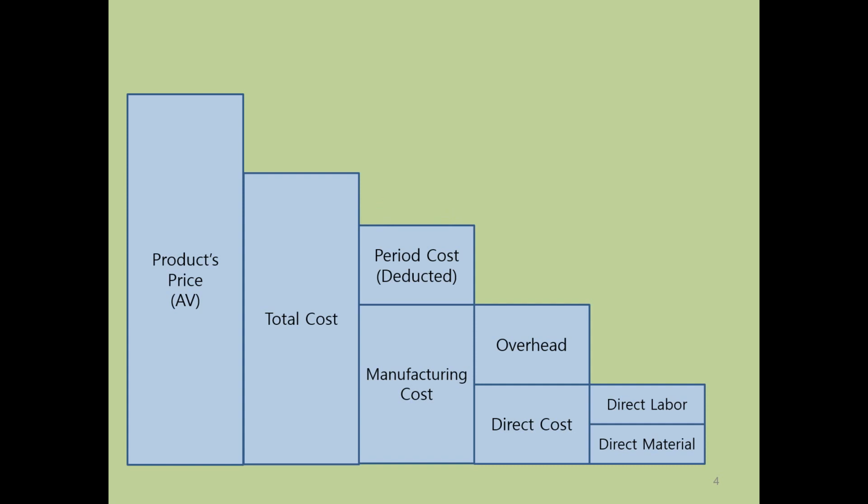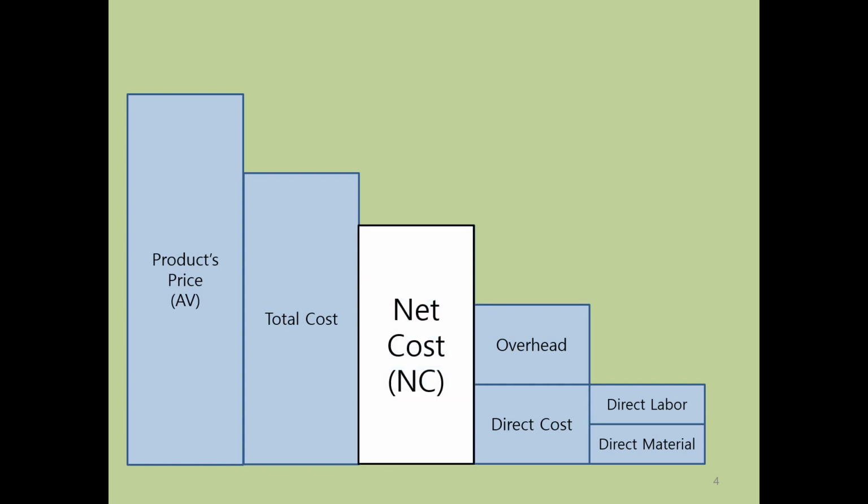Okay, we finished the deduction, and all we have to do is add up the rest of the area, and we are able to know that the deducted period cost and manufacturing cost constitute a net cost. That's it. We can understand what kinds of costs constitute a net cost.